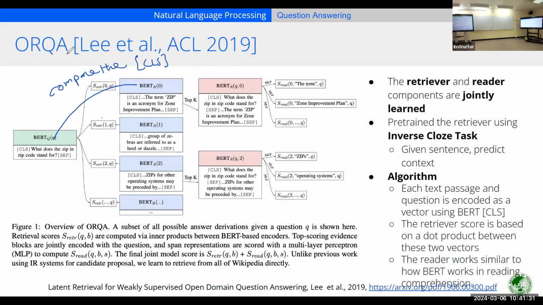Let's call it H. Compare these two. How do they compare? They compare using cosine similarity, very simple, just a dot product. And then for each of them, you will have a score, score here, score here, score here. When I say score, it means how similar is this passage to this question, correct?